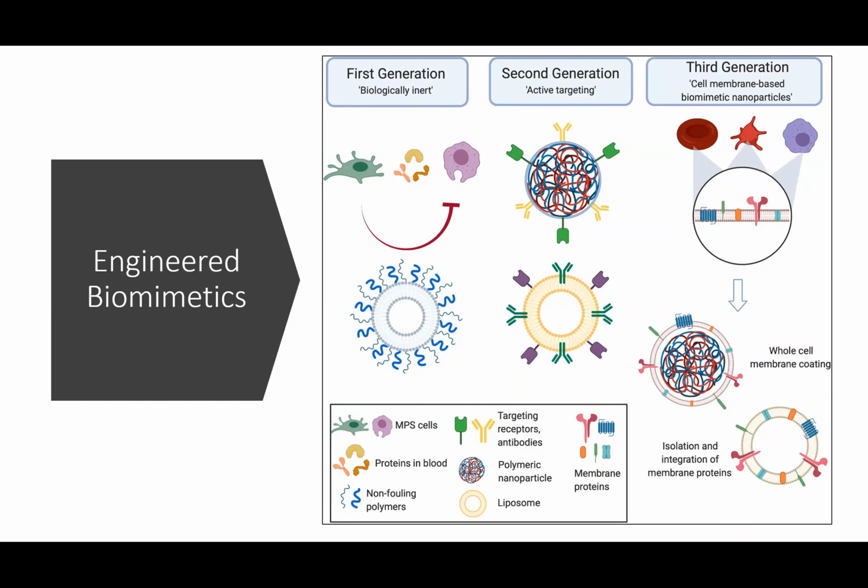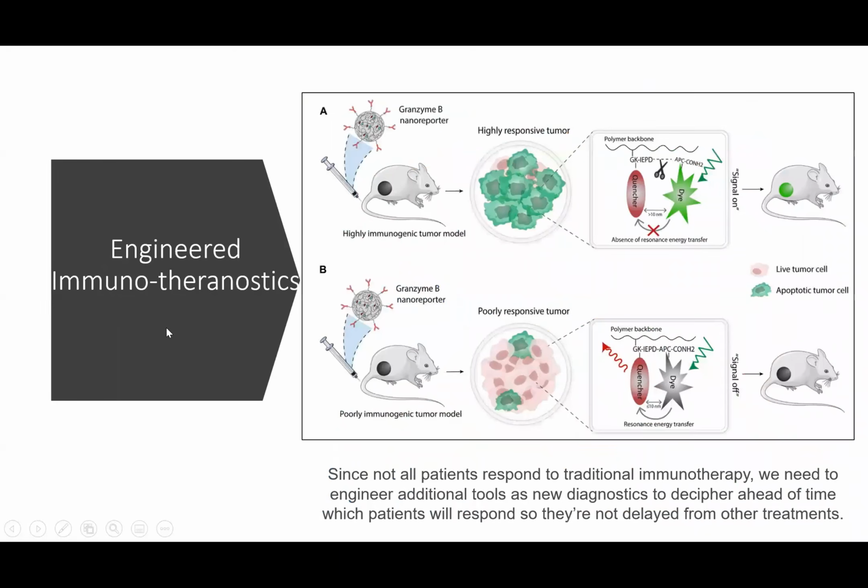So, for example, if we need to make a biomimetic of CD8 positive T cells, we bring the CD8 positive T cells, and by certain kits, we isolate the membrane proteins in active state and use these membrane proteins to coat the surface of nanoparticles. That we call biomimetic. So here we coated the surface of the nanoparticle with the actual membrane proteins present in the immune cell. So here the nanoparticle will act as T cells. That's why we call it engineered biomimetics.